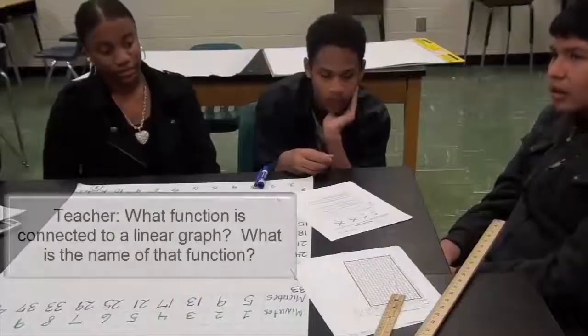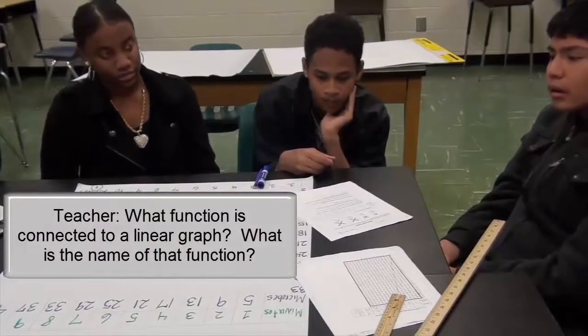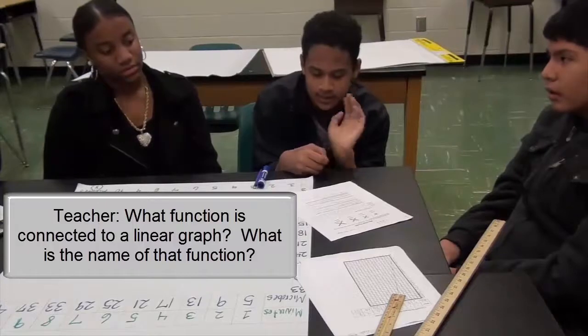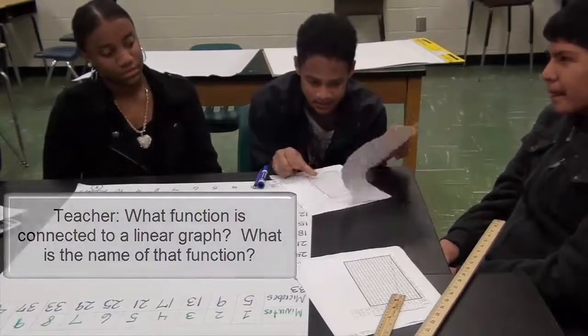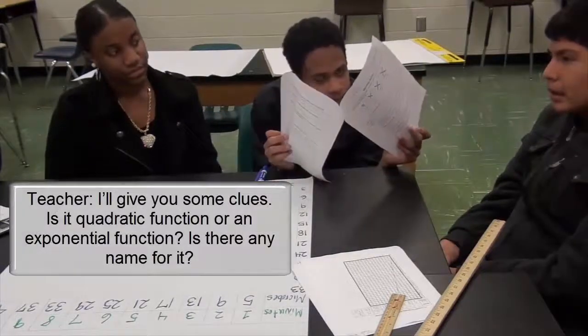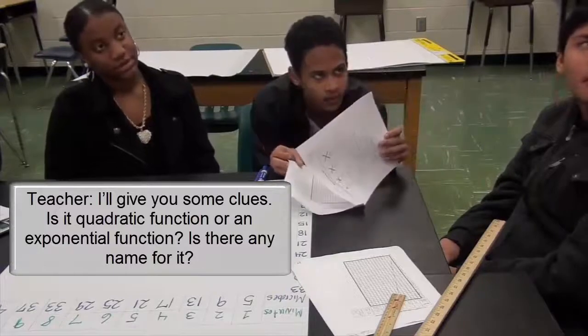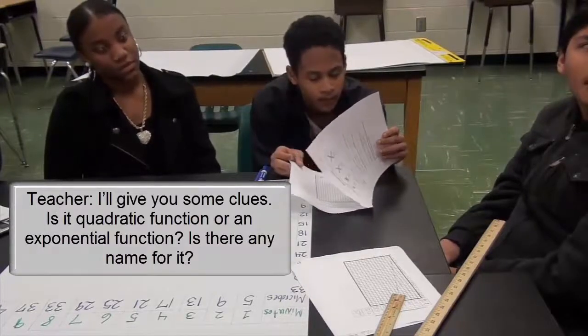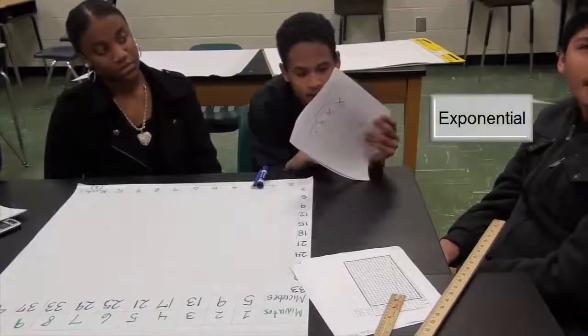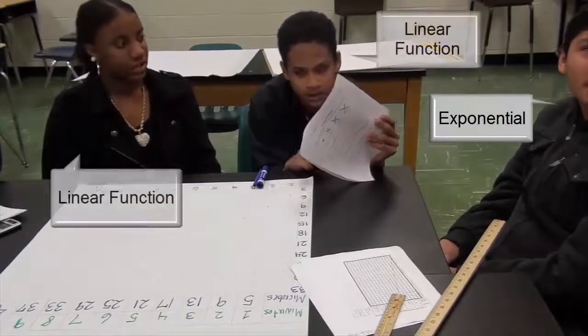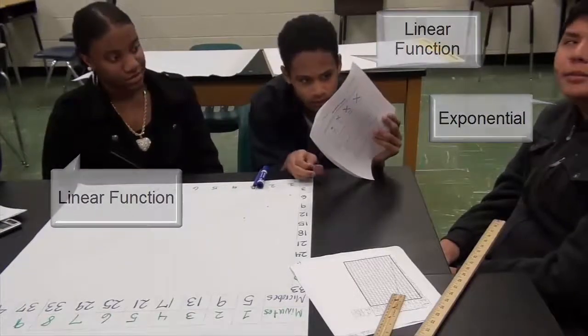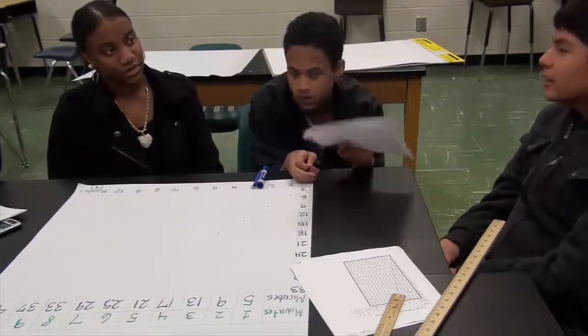What function is connected to a linear graph? What is the name of that function? I'll give some clue, is it a quadratic function or exponential function? Is there any name for it? Exponential. Linear function? Exponential. Do you agree there? Yes.